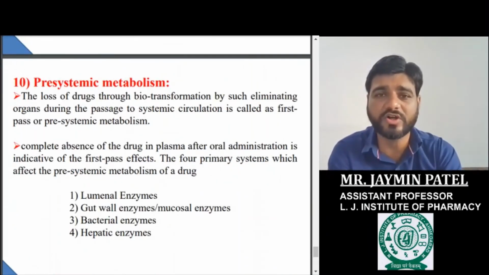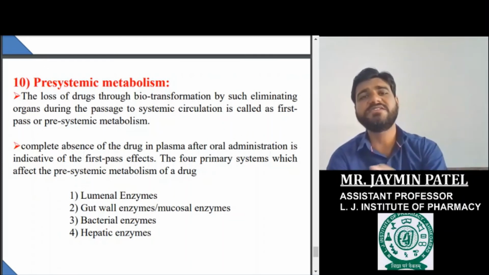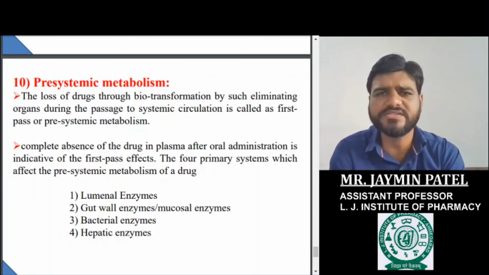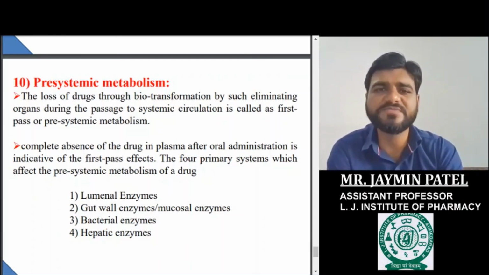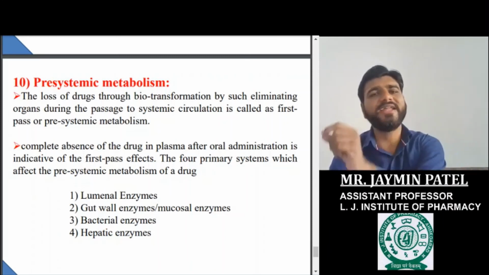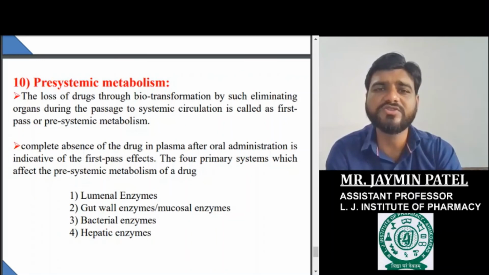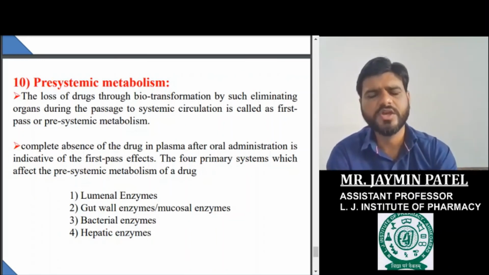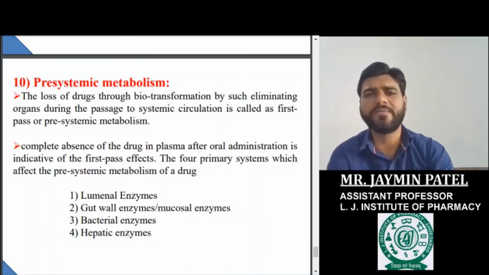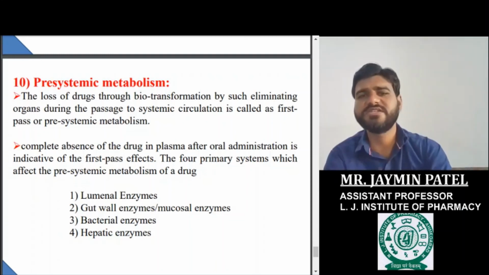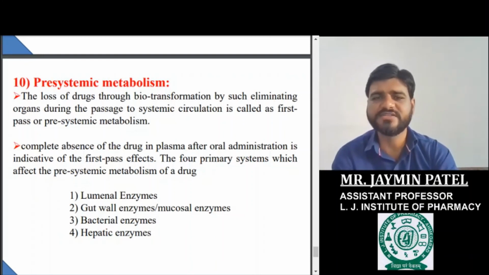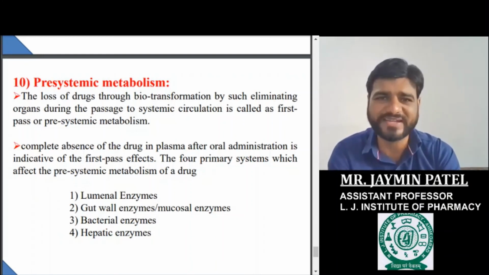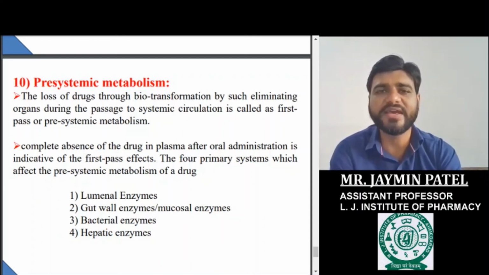Next one is pre-systemic metabolism. Absorption of the drug is also affected by pre-systemic metabolism. What is the meaning of pre-systemic metabolism? It is also called first-pass metabolism, meaning that before entering the systemic circulation, the drug is metabolized. Different enzymes are responsible: luminal enzymes, gut wall enzymes, bacterial enzymes, and hepatic enzymes.